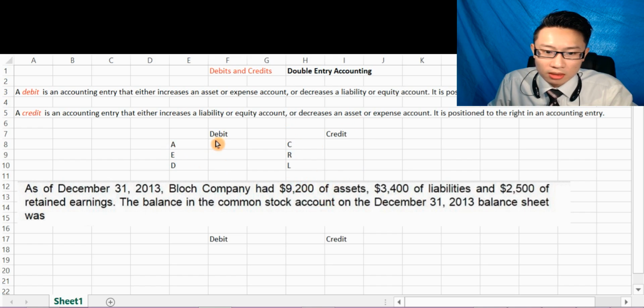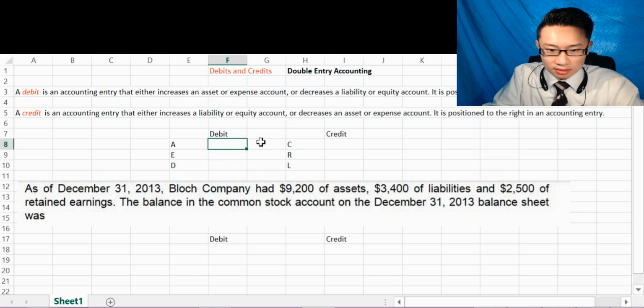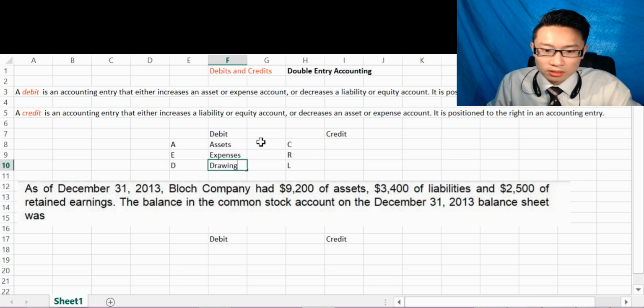A stands for assets, E stands for expenses, and D stands for drawing. Drawing is beyond the scope of the course, but is principally saying if an owner or someone in the company wants to draw money from the company for their personal use. But in my tutorials, I will mainly focus on assets and expenses.